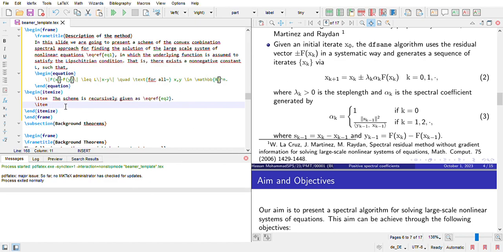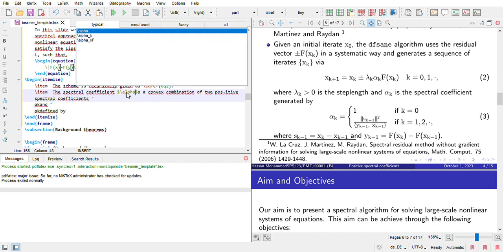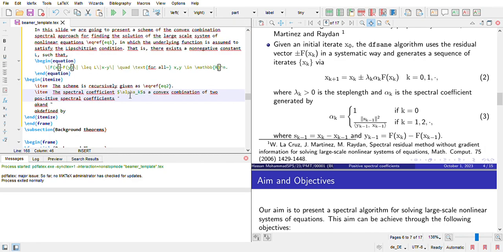So the spectral coefficient alpha k, in math mode, alpha k is a convex combination of two positive spectral coefficients.